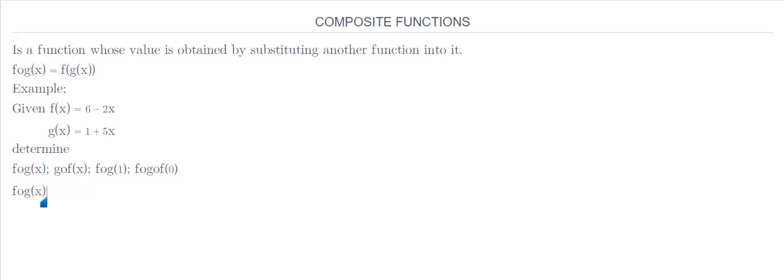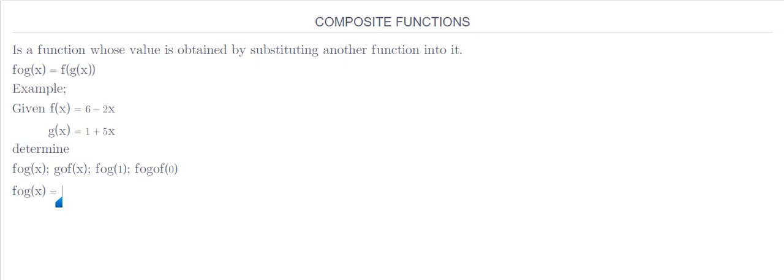Now let's start with the first one, f of g of x. I've said that for you to determine the value of f of g of x, you take g in the bracket of f, so anywhere you have x, you are going to substitute it with the function g. Take the function f.